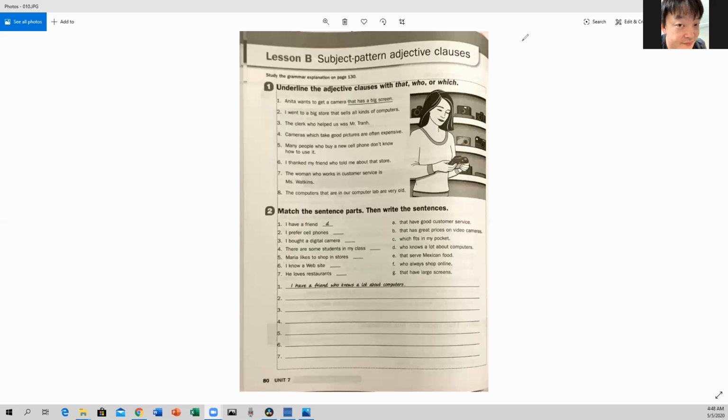Go to your workbook page 80, and now we're going to do some practice. Go ahead and open your workbooks on page 80.